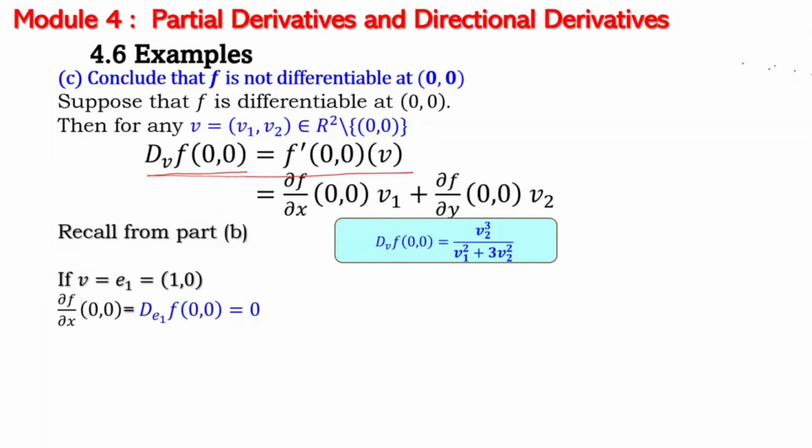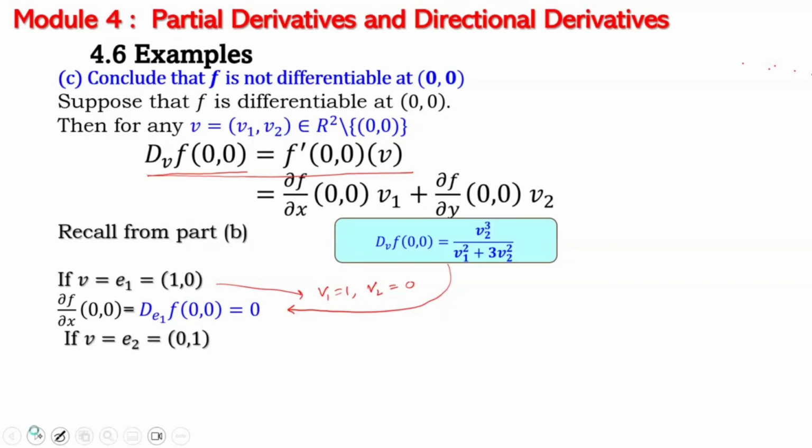In this case, v1 is equal to 1 and v2 is equal to 0, and if you substitute it here, you will get the value 0. Therefore the partial derivative of f with respect to x at the point (0,0) is 0.